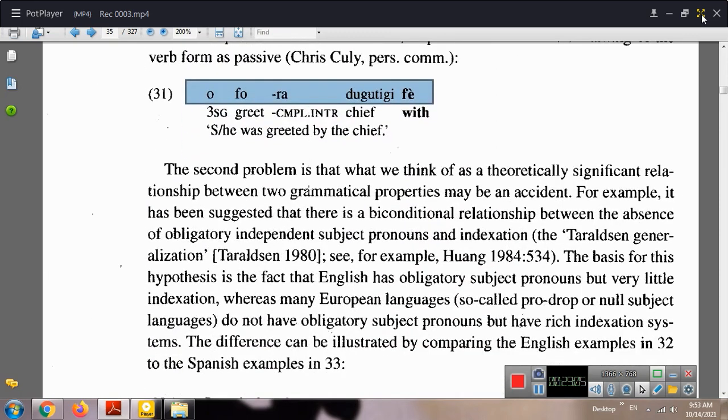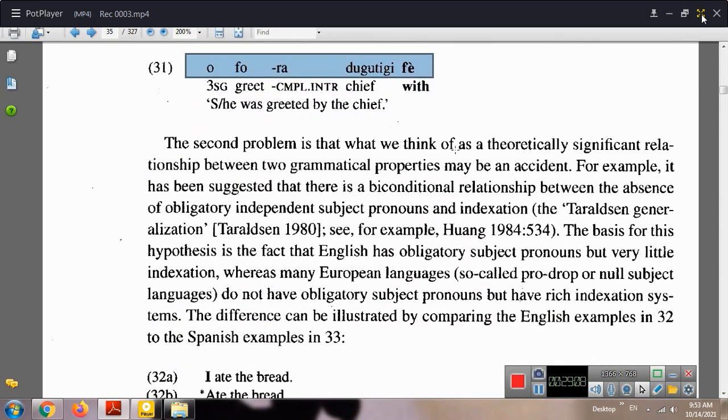The second problem is that what we think of as a theoretically significant relationship between two grammatical properties may be an accident. For example, it has been suggested that there is a biconditional relationship between the absence of obligatory independent subject pronouns and indexation.